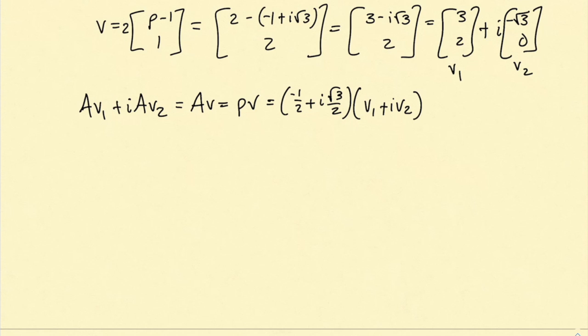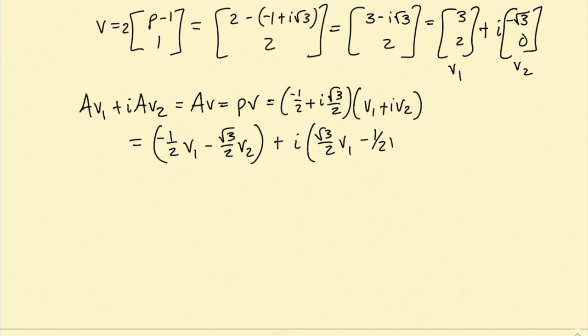We'll distribute the negative 1/2 to each of the terms, and we'll distribute the i root 3 over 2 to both terms. And so we'll get negative 1/2 v1 minus root 3 over 2 v2 as the real part, and the imaginary part will be root 3 over 2 v1 minus 1/2 v2.